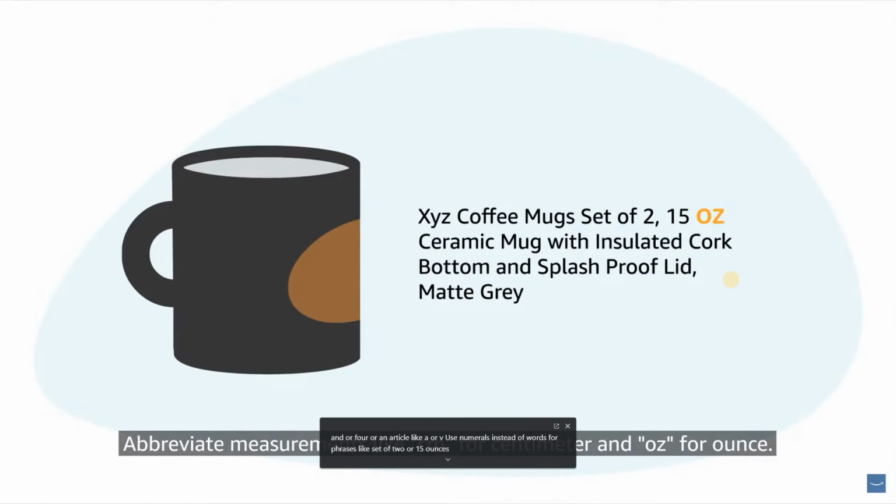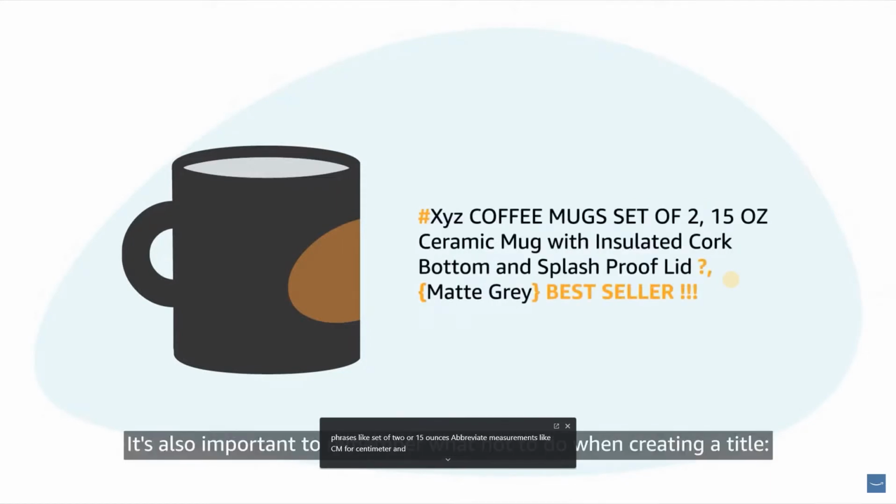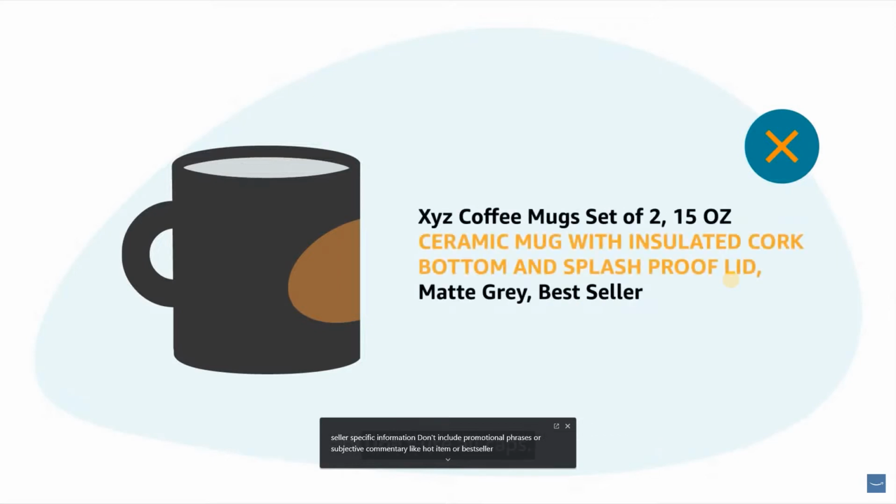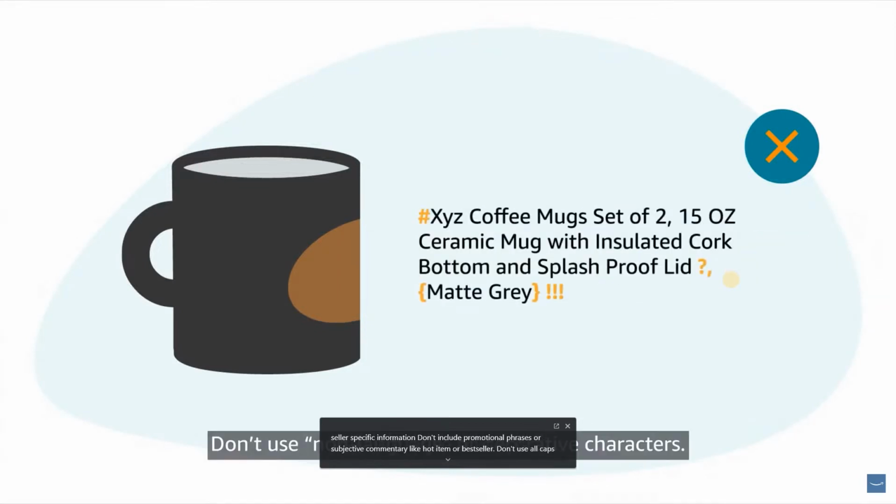Abbreviate measurements like cm for centimeter and oz for ounce. It's also important to remember what not to do when creating a title. Don't include pricing or other seller-specific information. Don't include promotional phrases or subjective commentary like hot item or bestseller. Don't use all caps. Don't use non-language or decorative characters.